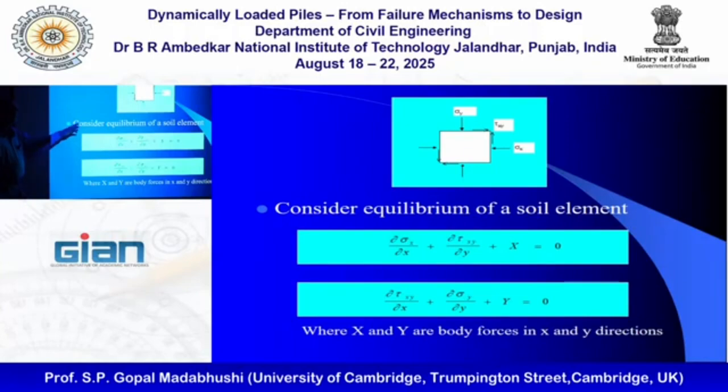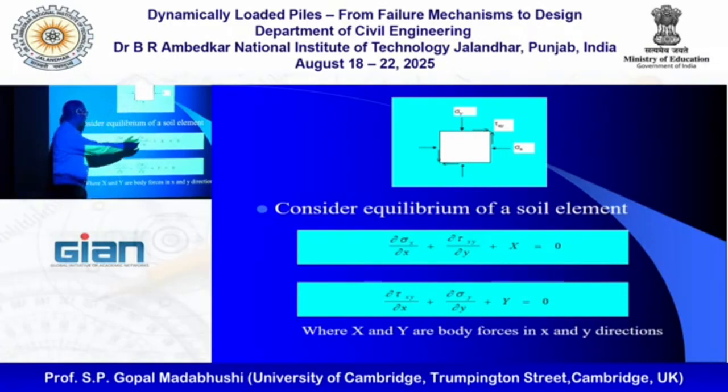Now, if I consider equilibrium of that soil element, then in the horizontal direction I can write the change of sigma x in the x direction, so the partial derivative, dou sigma x over dou x, plus in the other direction, dou tau xy over dou y, plus any force I have in the x direction.